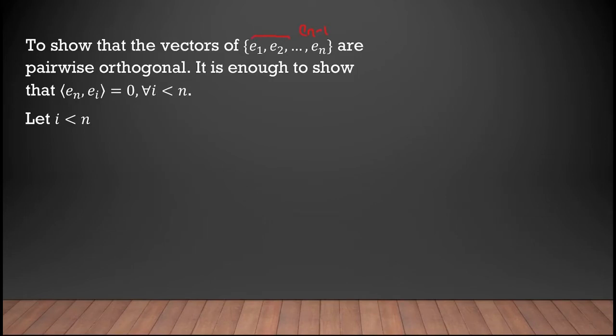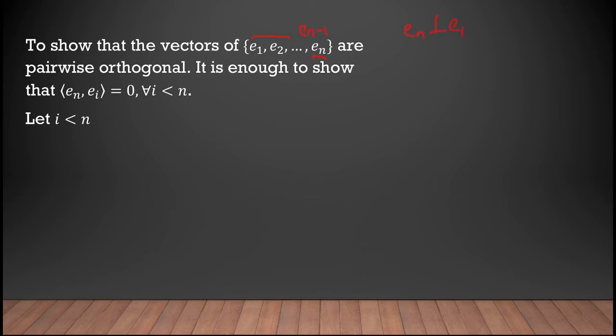Already we have assumed that e1, e2, etc. up to en minus 1 is an orthonormal system, which means e1, e2, etc. en minus 1 are all pairwise orthogonal. So it's enough to show the orthogonality of e1, e2, etc. en minus 1 with en.